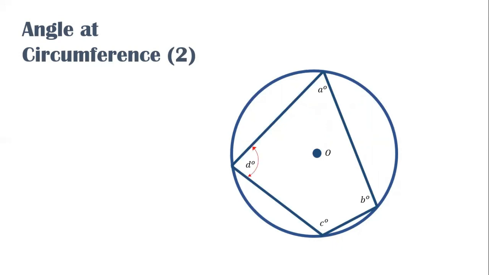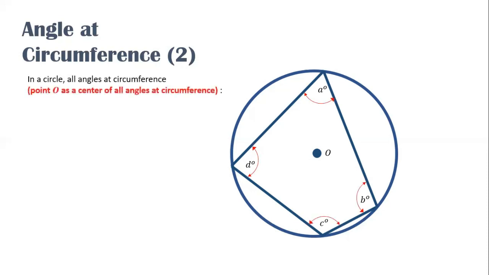The second pointer is: in a circle, all angles at circumference, where point O is the center for all angles at circumference. This is the condition.